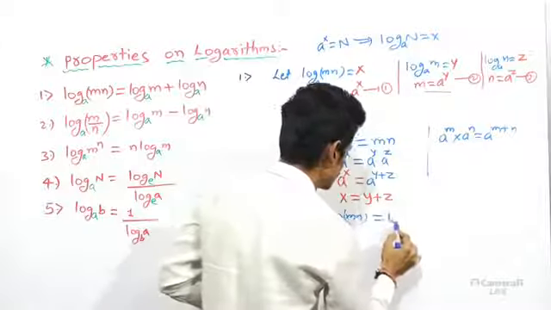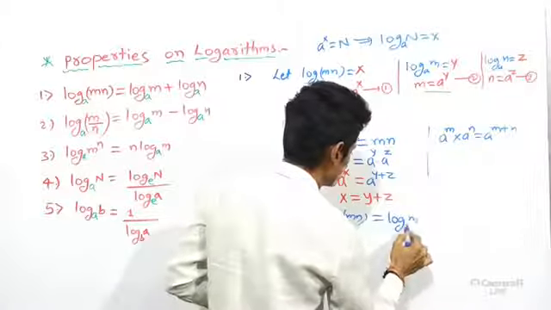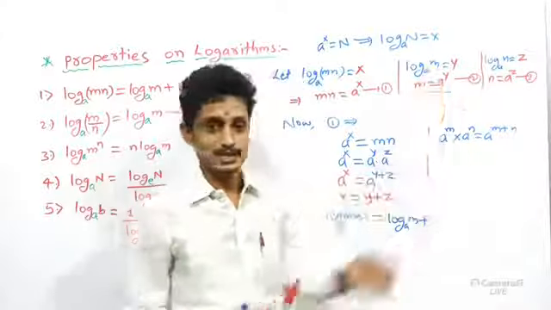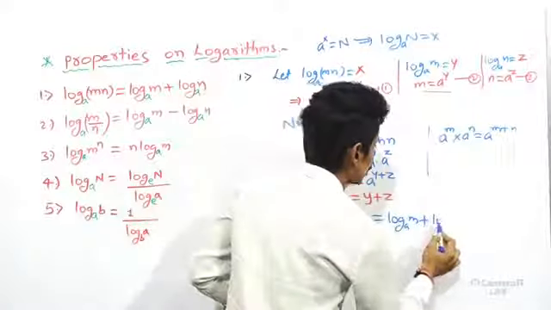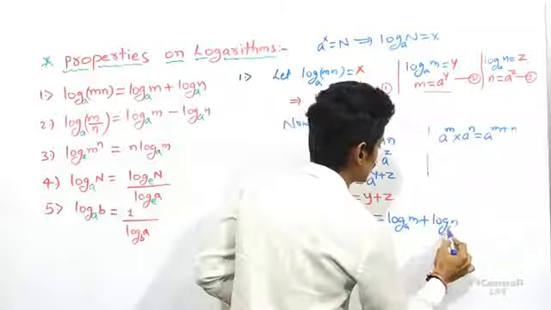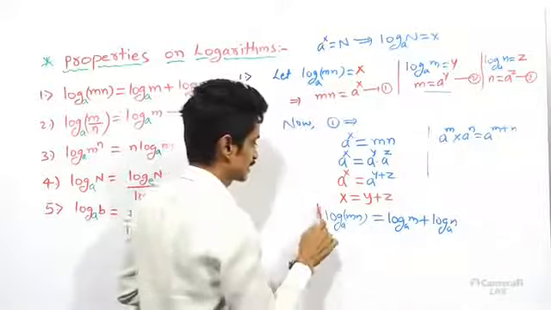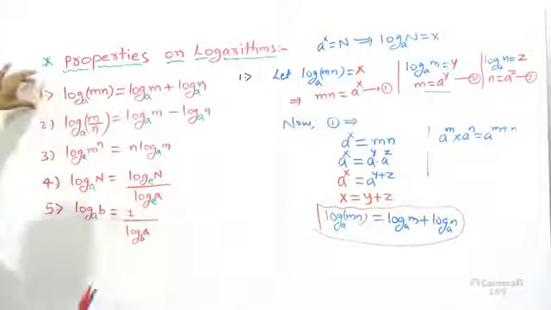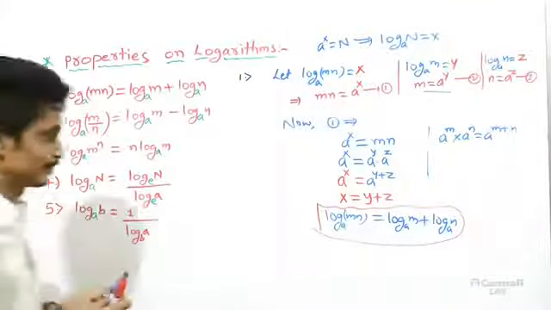Hence it is log m to the base a plus, what is z? Z is log n to the base a. This is my required first property. So this formula I have now derived.